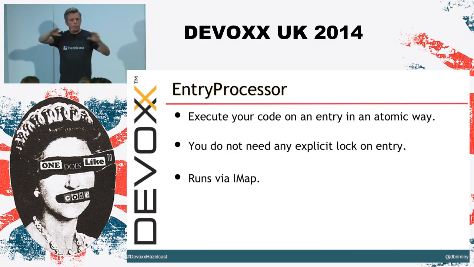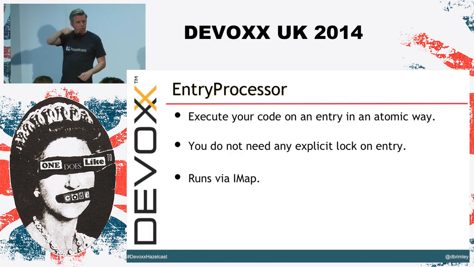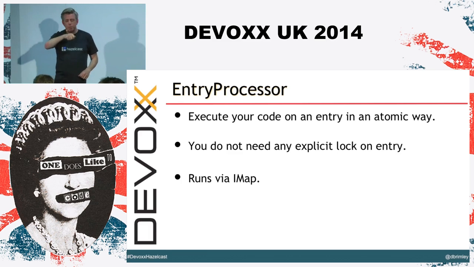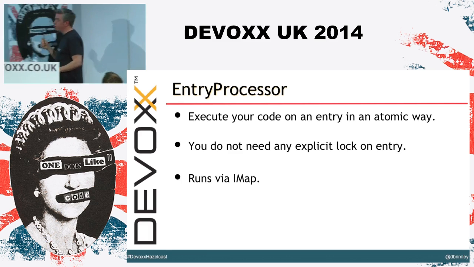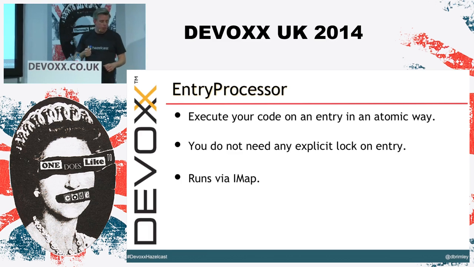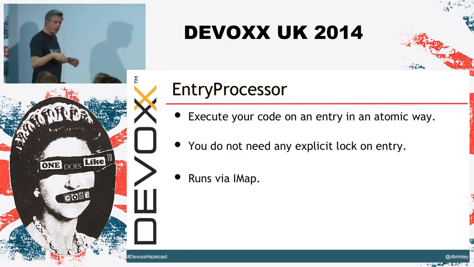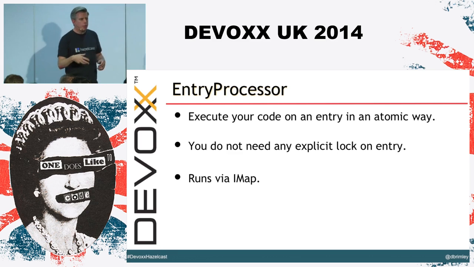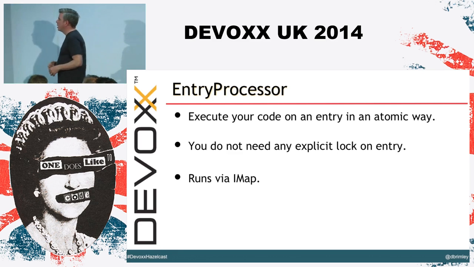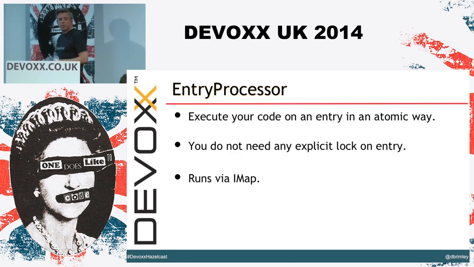Hazelcast will go off and distribute that around the cluster, and it will call per key that entry processor's method on the machine. And that gives you explicit locking as well. So because we know what key we're providing you, we can lock that key as we go through it. And this runs via the IMap interface as well.